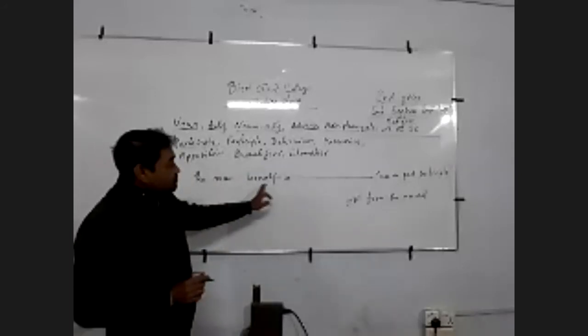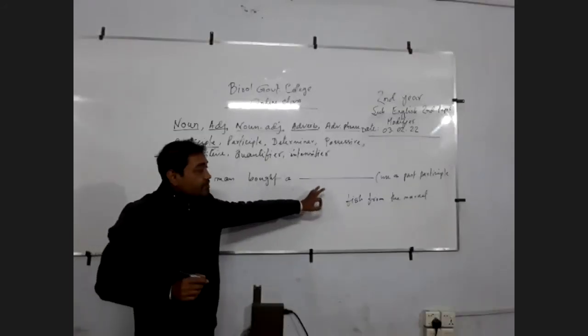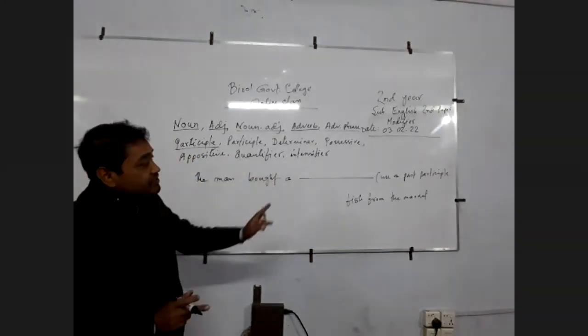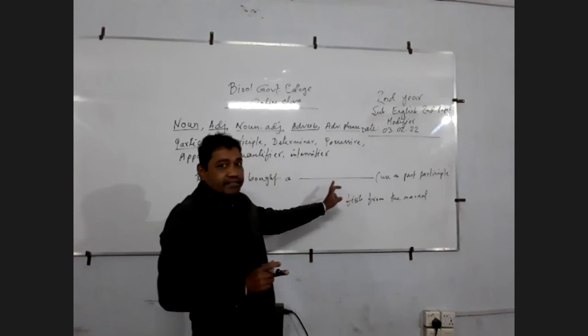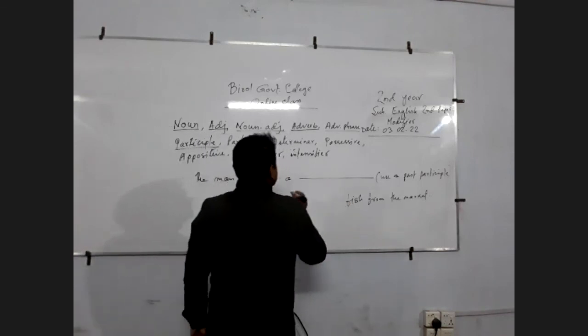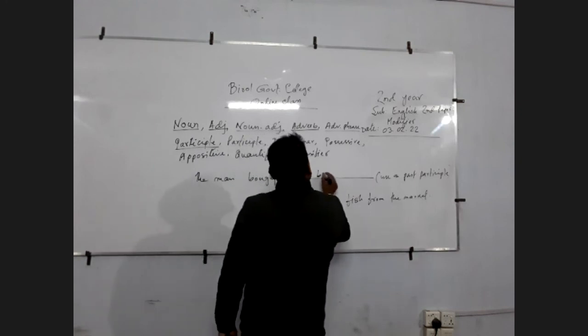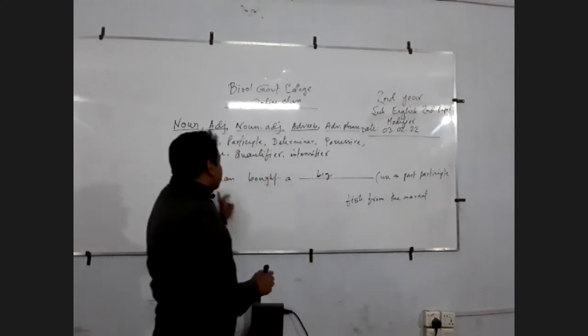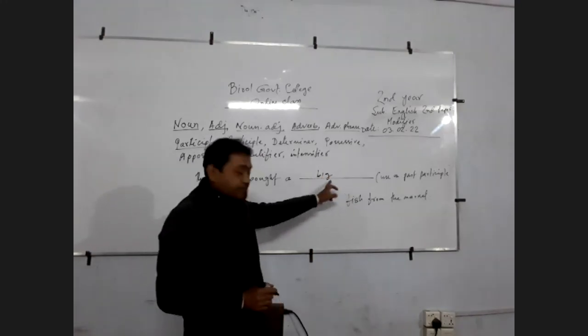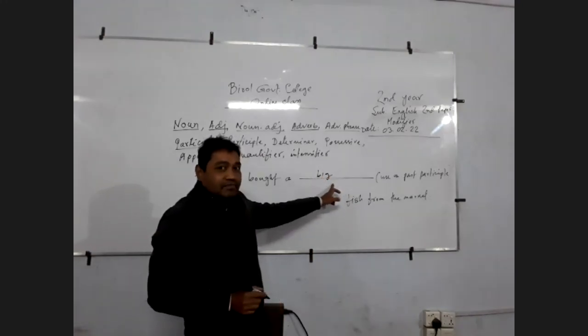You are instructed to use a past participle here. That means if you write here a big, the man bought a big fish, it is an adjective but not a past participle.